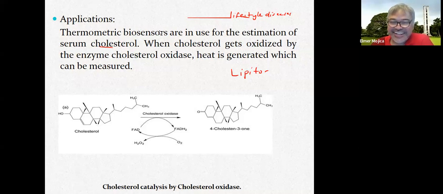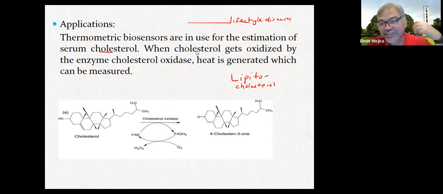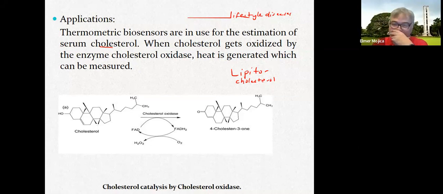Lipid detector. It's a medication for cholesterol. Yes, if you combine lipid and detector, you can say Lipitor. It's atorvastatin. Okay? And it's what we call a cholesterol medication. And it's also a $1 billion industry.